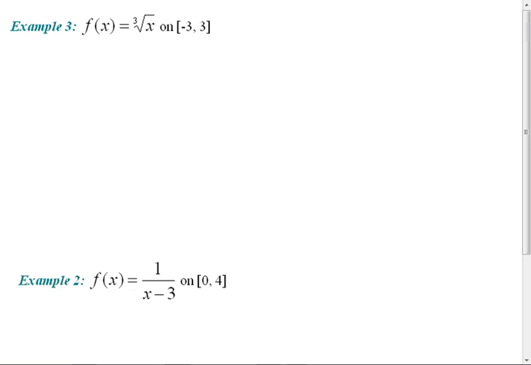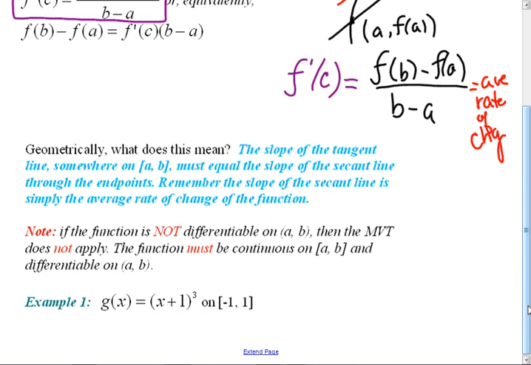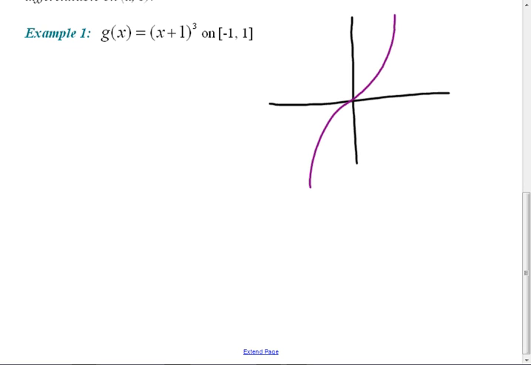Oh, that's example 3. What happened to example 1? Oh, there it is. Okay, you guys, let's do this problem. I'm going to start with a graph, though. You guys, what does that look like? So where is it? It's shifted 1 unit to the left.